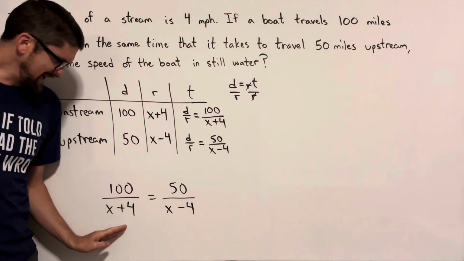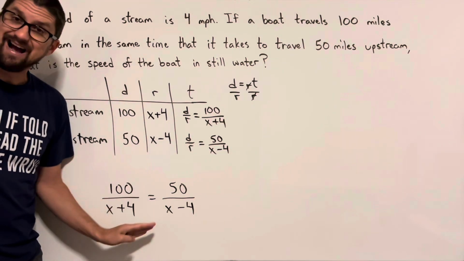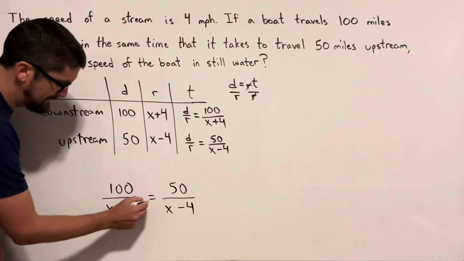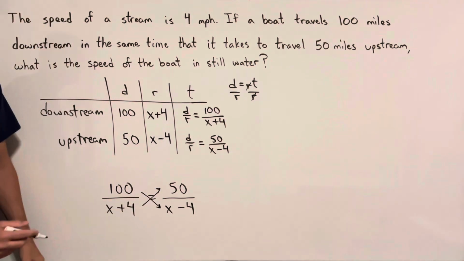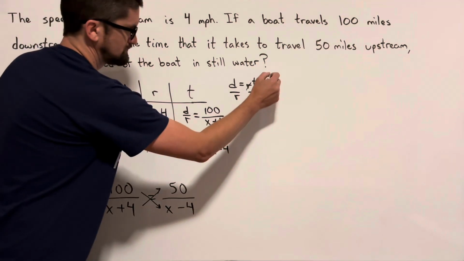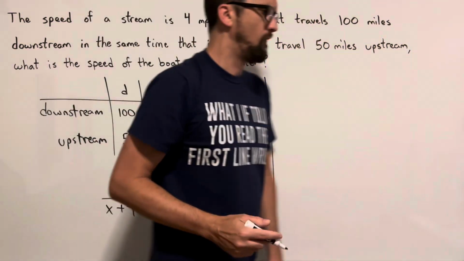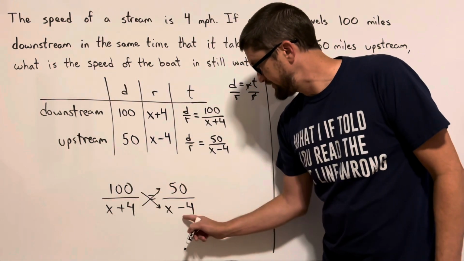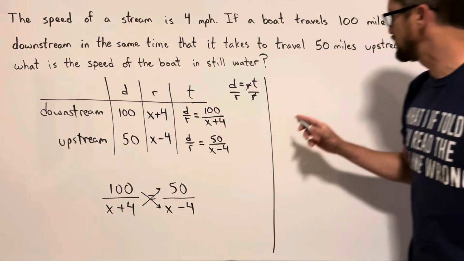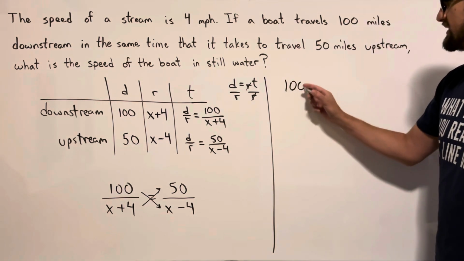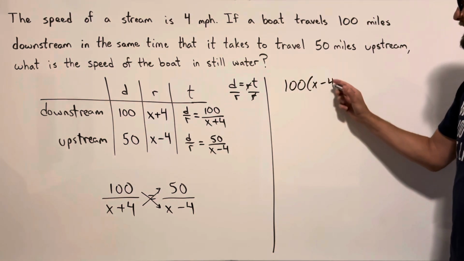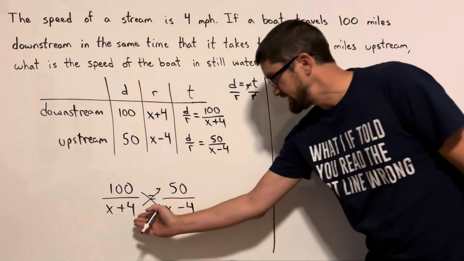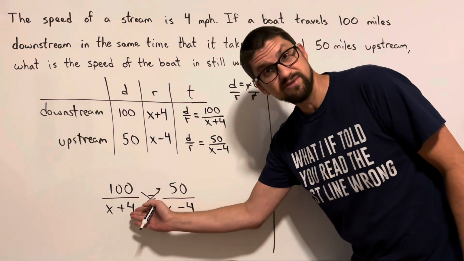Now, since it's a fraction equals a fraction, I can cross multiply. All right, so cross multiply, I'm going to have 100 times (X minus 4), and then 50 times (X plus 4).